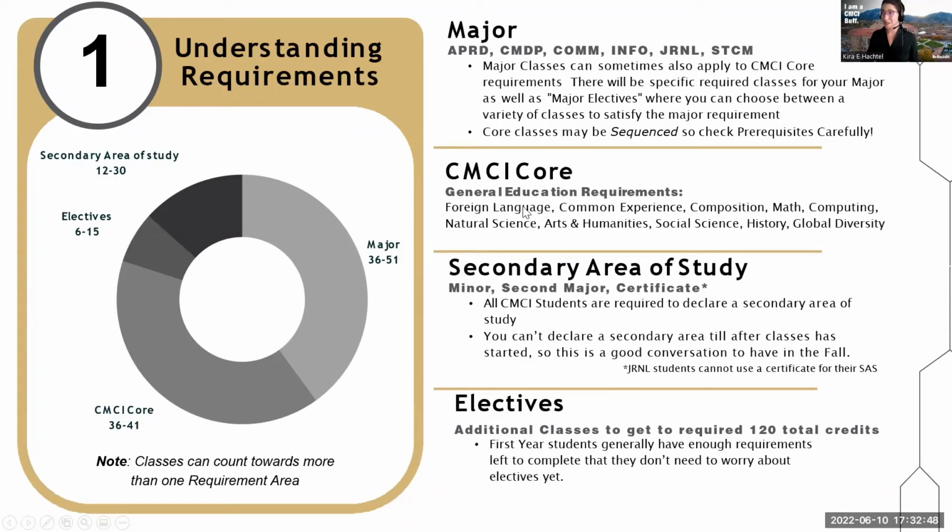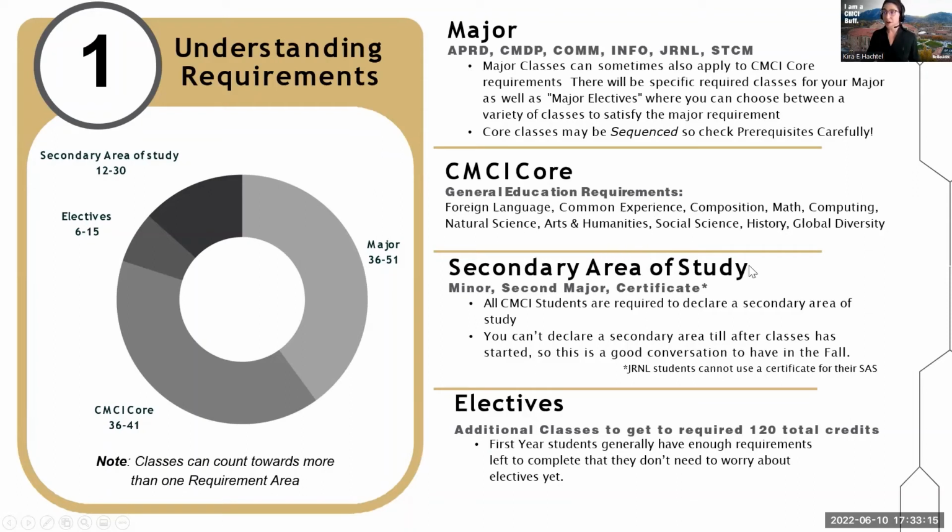This includes subject areas like foreign language, your common experience course, composition and expression, so like writing classes, math, computing, natural science, arts and humanities, social science, history, and global diversity. You can see a list of what requirements you need to complete, as well as classes that you can take to complete those requirements in your degree audit.